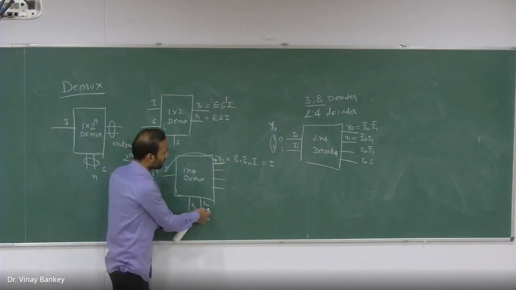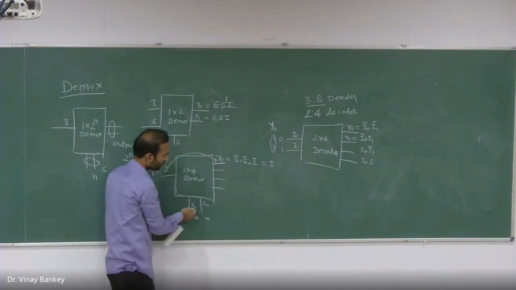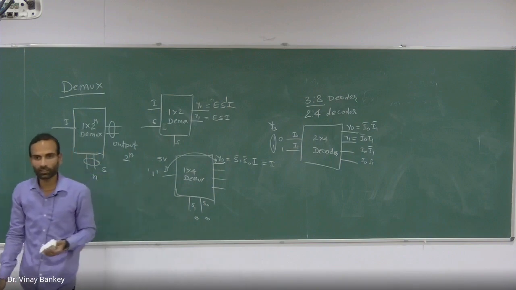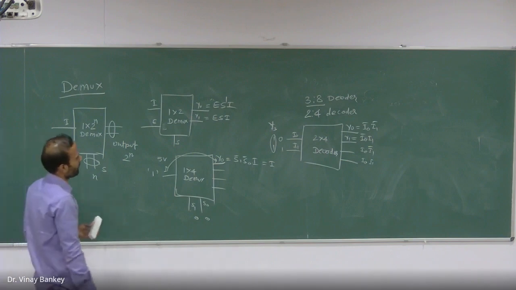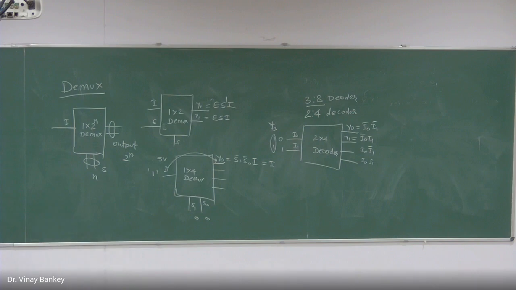So if I connect I1 and I0 here, this IC will operate as a decoder, isn't it? Okay, so we'll implement the decoder using the demux in the next lecture. Now we will have the quiz.